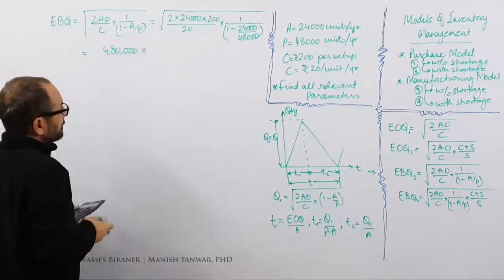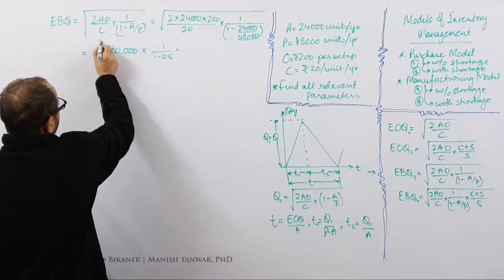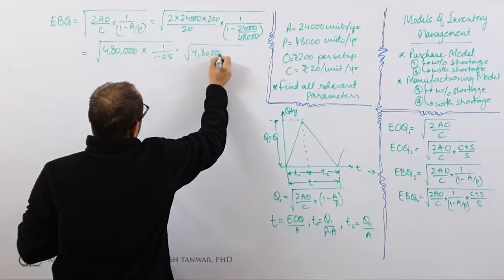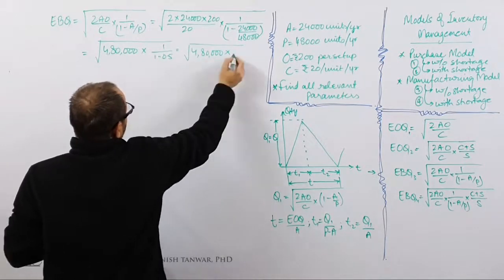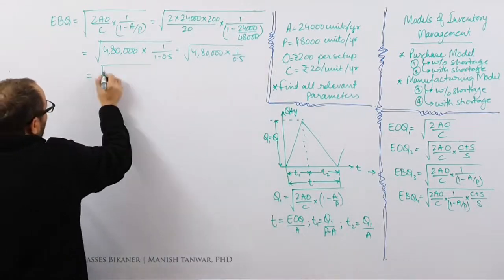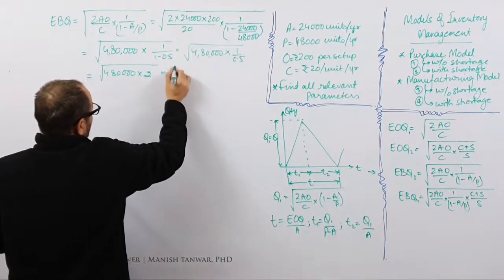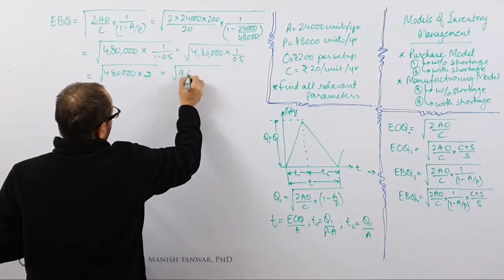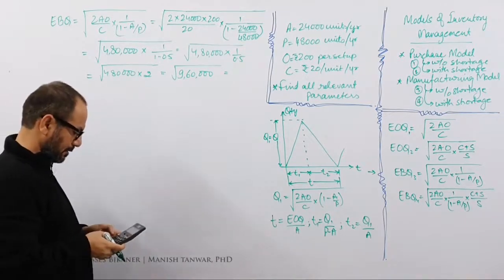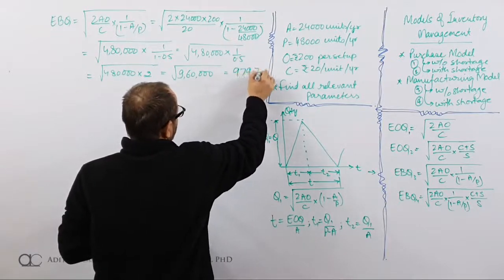Second factor would be 1 upon 1 minus 0.5, 1 upon 0.5. 4,80,000 multiplied by 2 is 9,60,000, which comes out as 979.79.